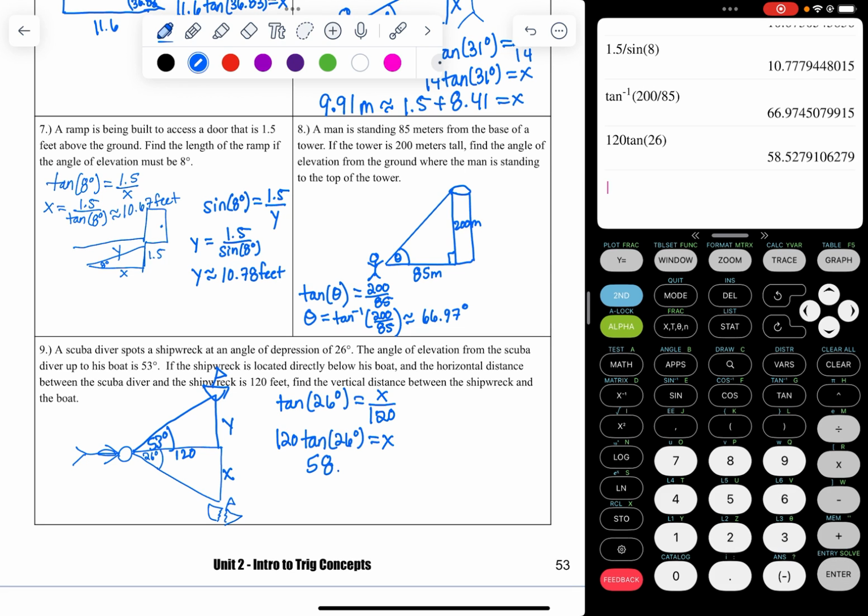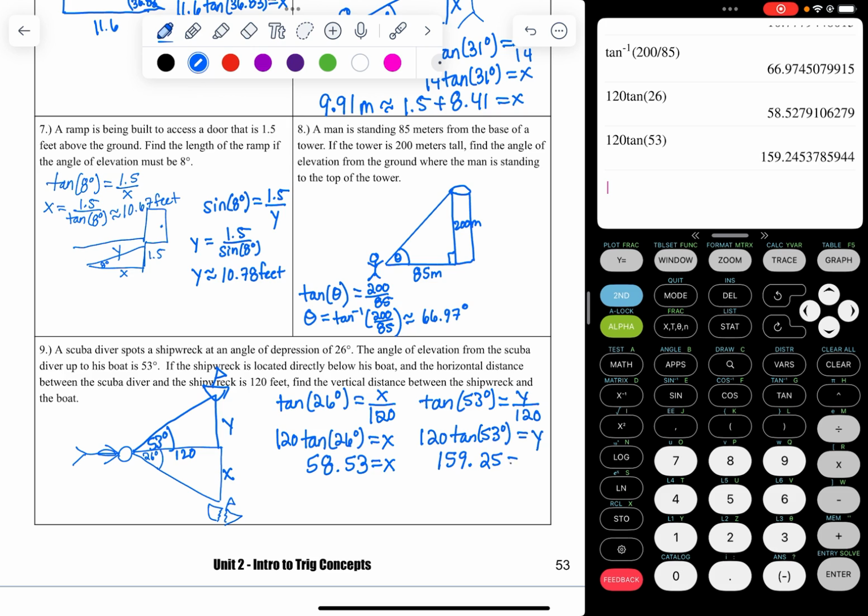And I'll get 58.53 for x. For y, I will need to do the tangent of 53 degrees, and that will equal y over 120. So I'll have to do 120 times the tangent of 53 degrees. And so I'll get 159.25.